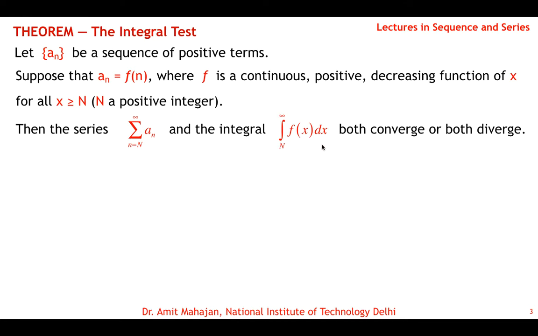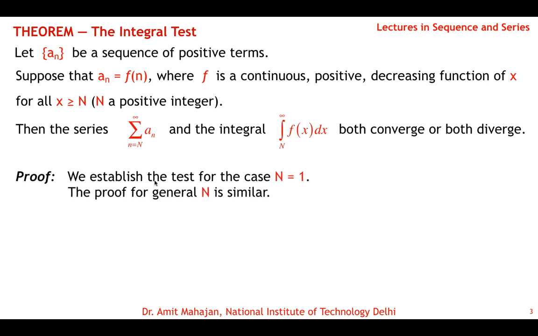If it does not give a finite value, then it diverges, and so does the series. So we will prove this. We will establish this result for N equal to 1, and then one can prove it for any general number N.